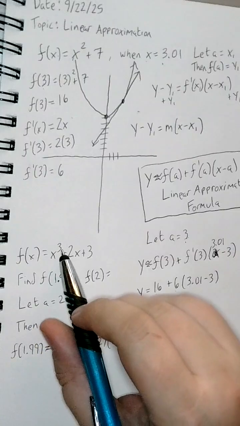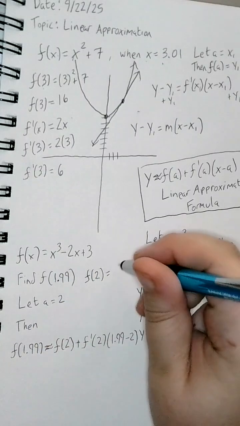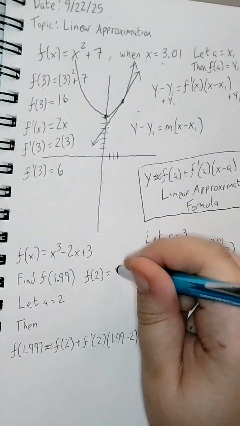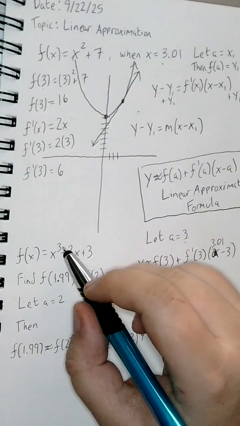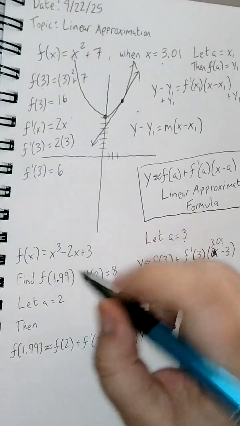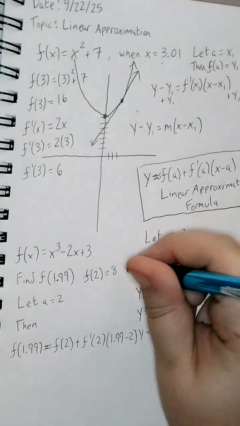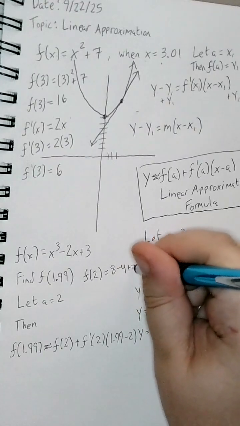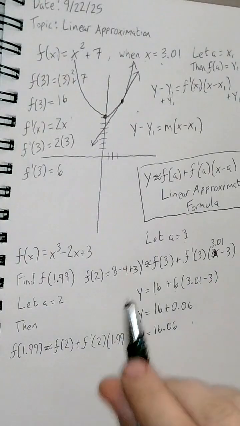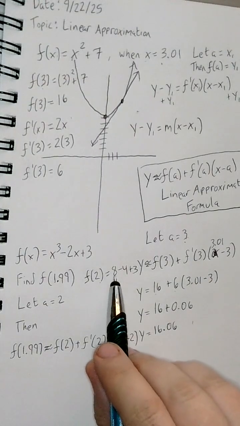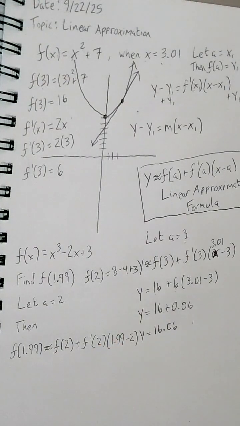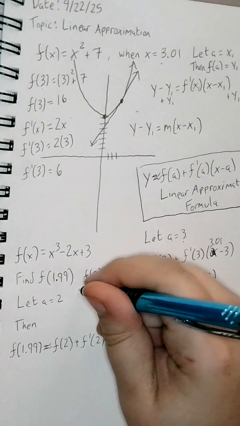It's going to equal 2 cubed minus 2 times 2 plus 3. So 2 cubed gives me 8. 8 minus 2 times 2. 2 times 2 is 4. And that's going to be minus 4 plus 3. If f of 2 is equal to 8 minus 4 plus 3, what would f of 2 be?